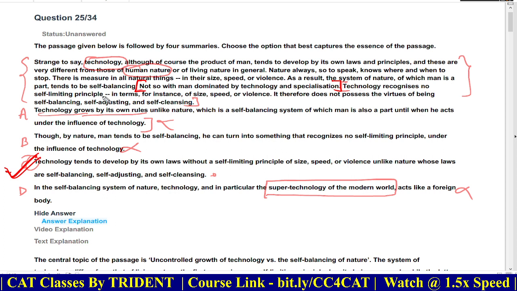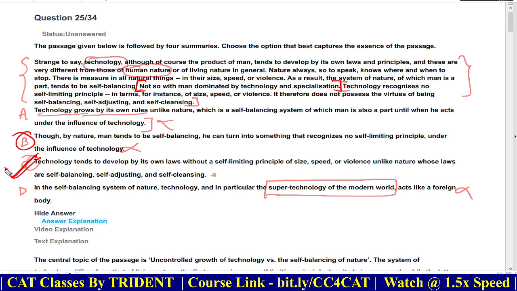Technology recognizes no self-limiting principle in terms of size, speed and so on. The virtue of being self-balancing, adjusting. Though by nature man tends to be self-balancing, he can turn into something that recognizes no self-limiting principle under the influence of technology. This is just one of the aspects given in the passage, but I don't see why B can be a better summary or essence.